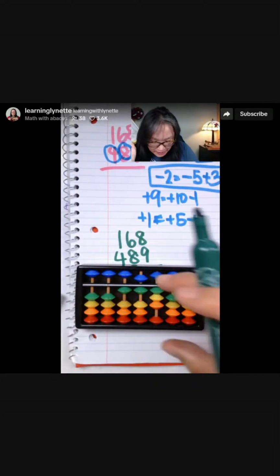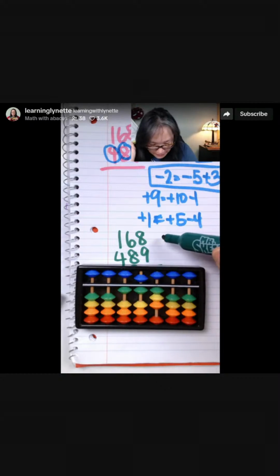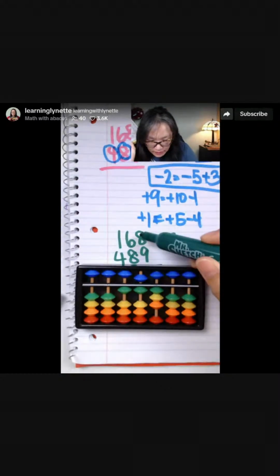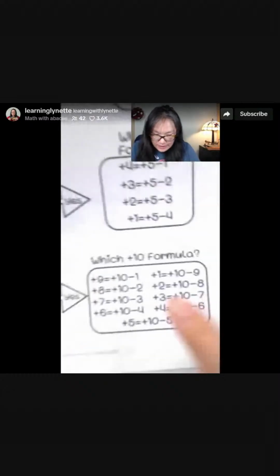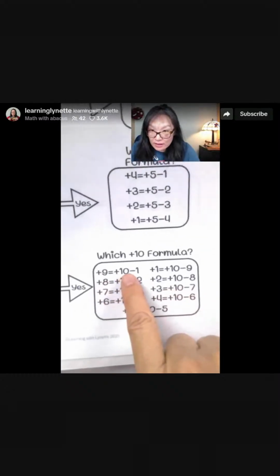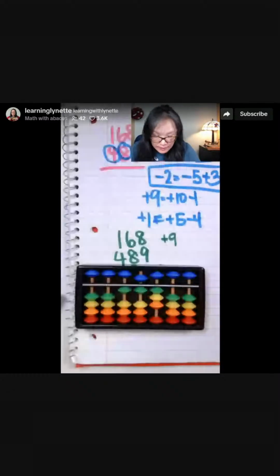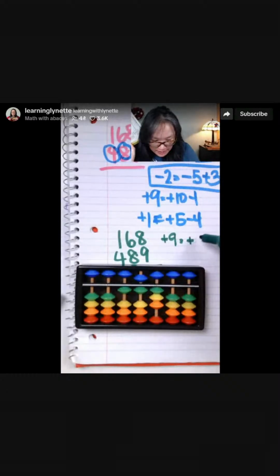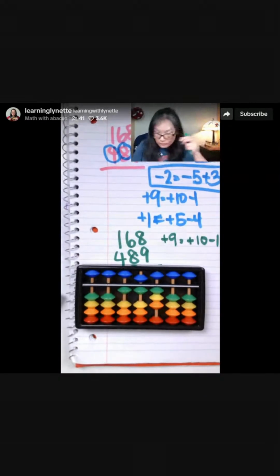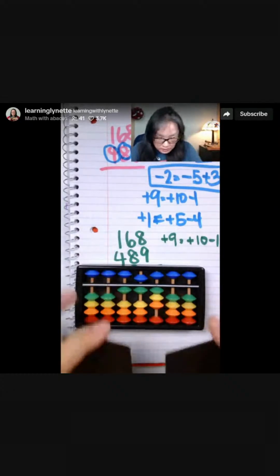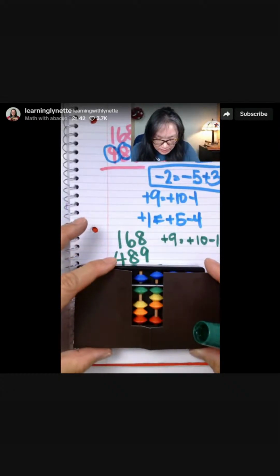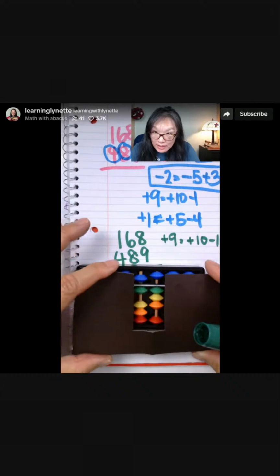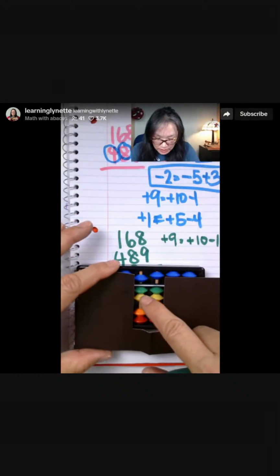Add the 9 is plus the 10 minus the 1. We're going to add the 10, take away the 1. Add the 10, 1, 0. Take away the 1. Then we're here.